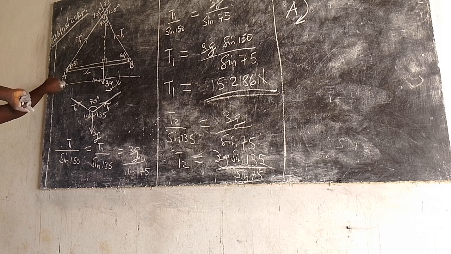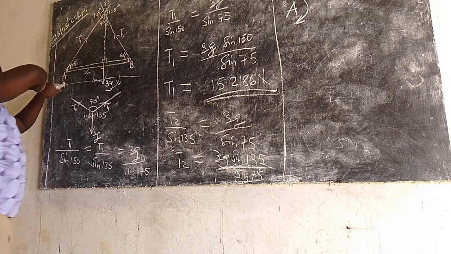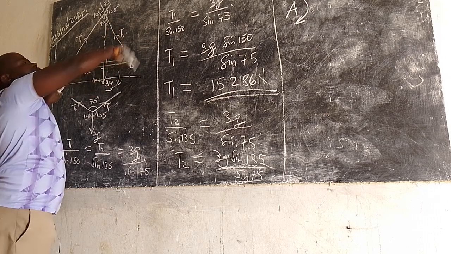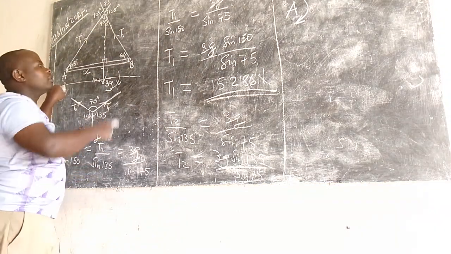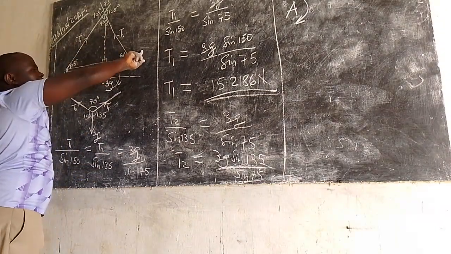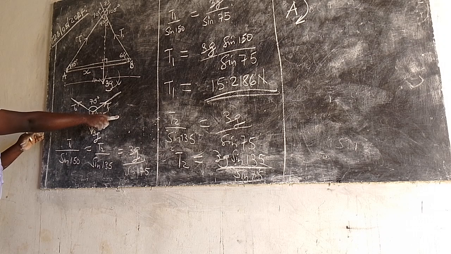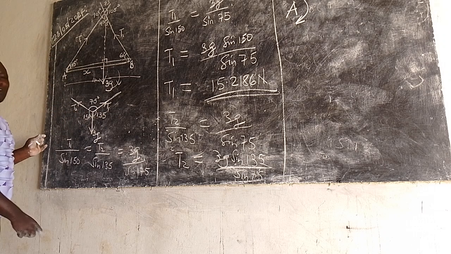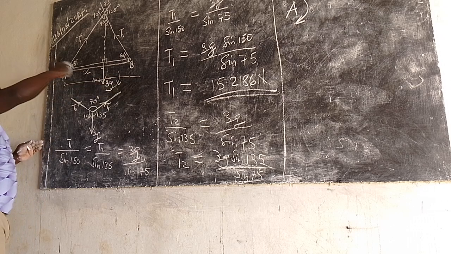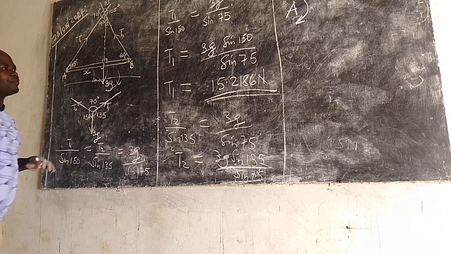The direction matters a lot. Anti-clockwise is moving in opposition to the movement of the clock, and this is moving in a direction in agreement with the movement of the what? Of the clock. That's why we call this clockwise and this anti-clockwise.